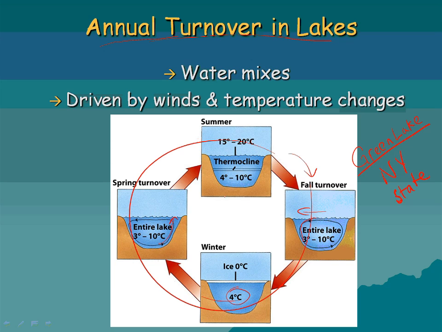And basically the main point is that it's a very unhealthy lake now because you don't have this turnover. Okay, so just to reiterate, that is important for health of lakes.